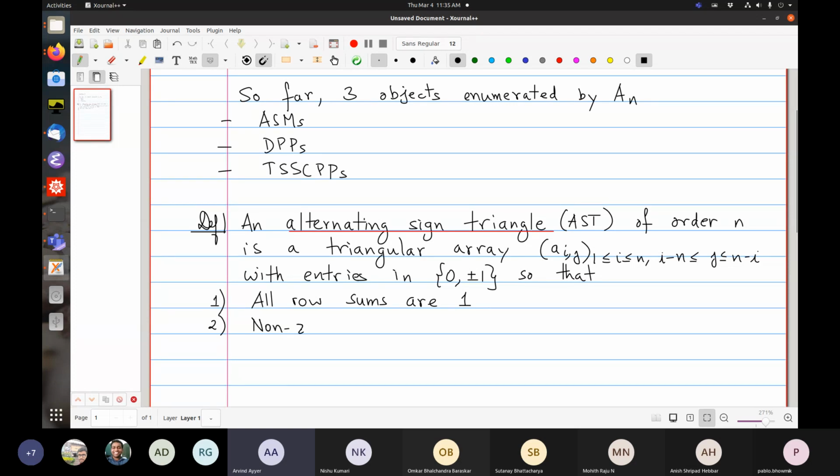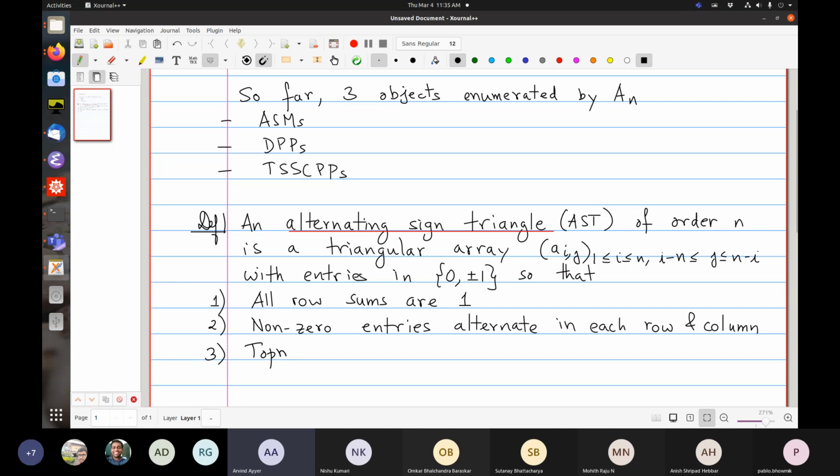Non-zero entries alternate in each row and column, just like ASMs again. But the third one is slightly different.